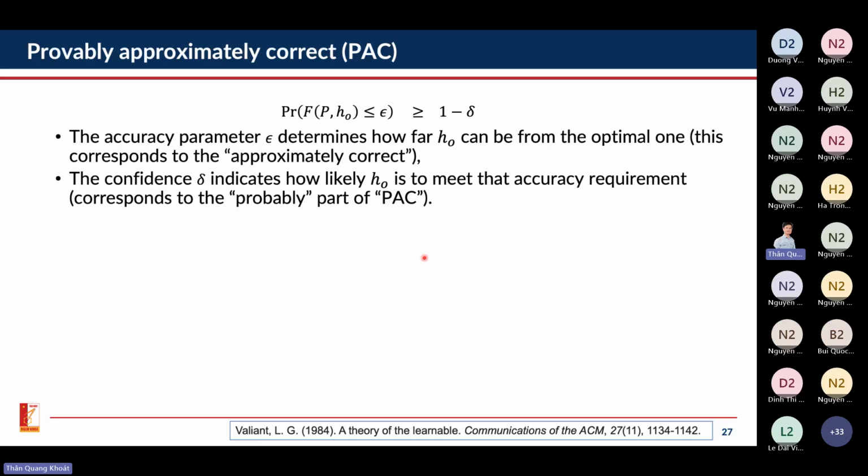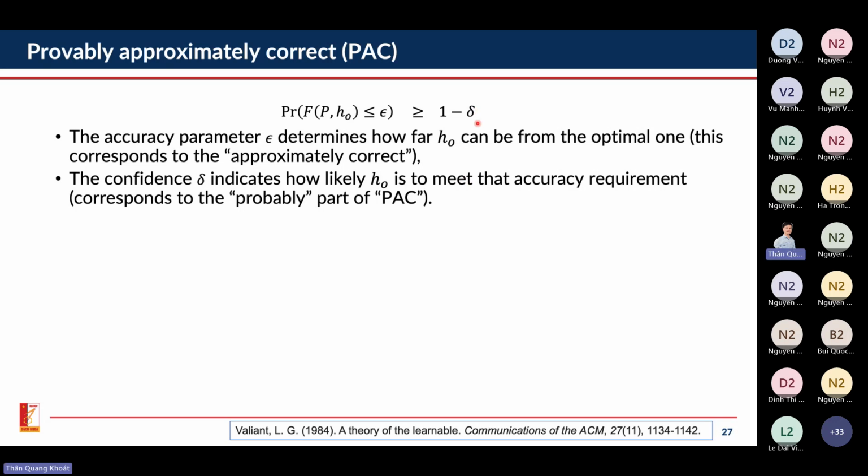Okay. So when we use this model, we need to define two parameters, epsilon and delta, right? Epsilon here represents our prediction about the test error, right?